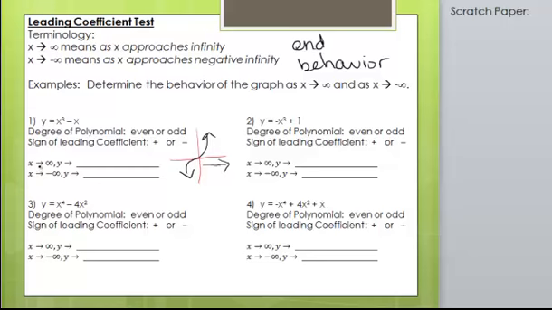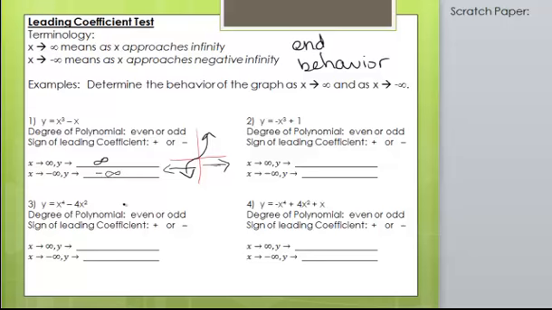As x is going to infinity, or as x is getting bigger, y is getting bigger. So the next one says as x is getting smaller, or as x is going to negative infinity. That's this direction. As x is getting smaller, what is y doing? y is getting smaller.